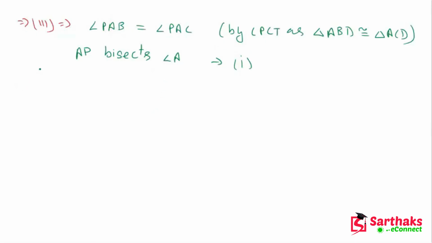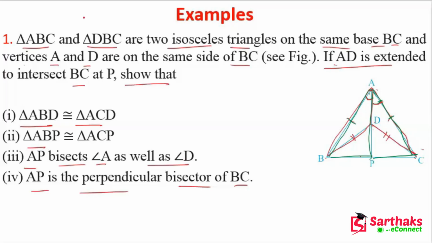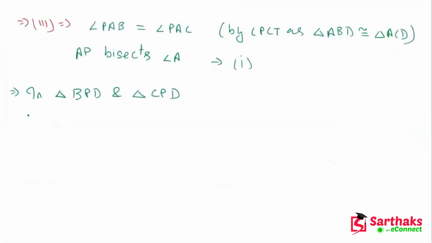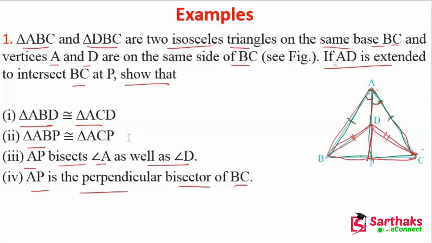Now in triangle BPD and triangle CPD, we can say that PD is equal to PD. This is common.